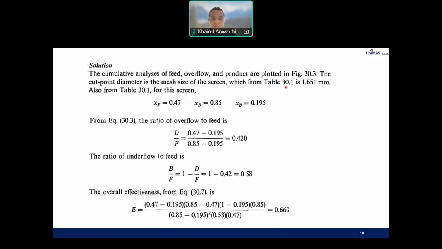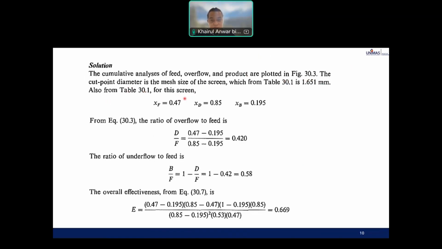So cumulative analysis of feed, flow, and product is plotted in figure 30.3. The cut point diameter is the mesh screen size of the screen, which from table 30.1 is 1.651.